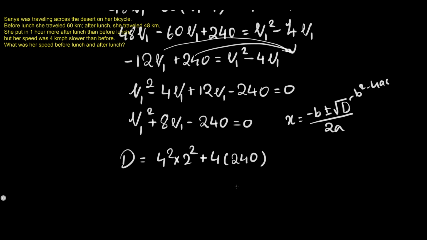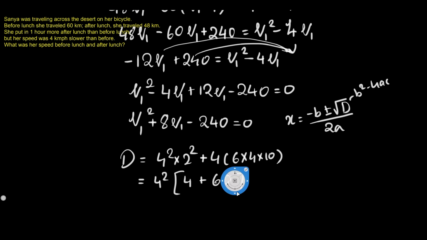Now I'm going to factorize 240. What was 240? 6 times 4 times 10. That is 240. Now I see 4 squared is common. This is the way I do it. I like the distributive property. So 4 squared, the 2 squared is 4, plus 6 times 10 is 60.